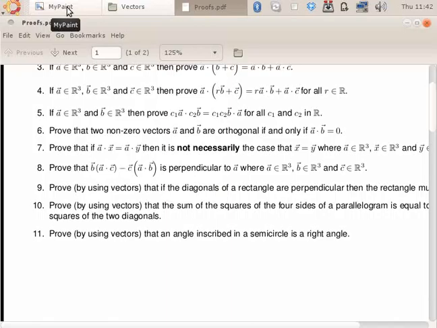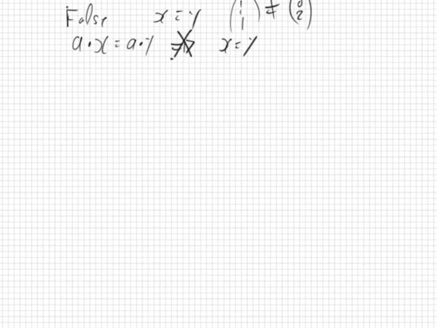So maybe to make it a bit clearer, I want you to prove that vector A is perpendicular to this vector: A dot C, I'm not going to write the vector symbol in, it takes too much time and energy.